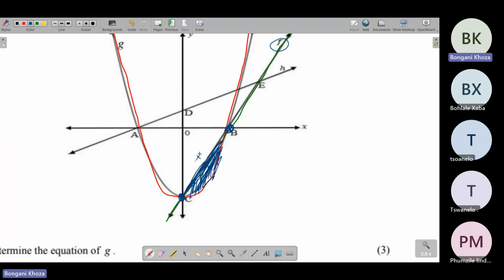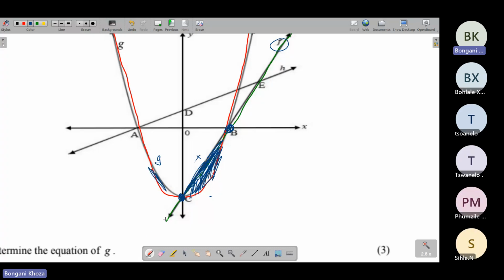In this part, f is above and g is below. If we check from this point going that side, this is g. g is above and f is below. So we are only asked to find this section over here.